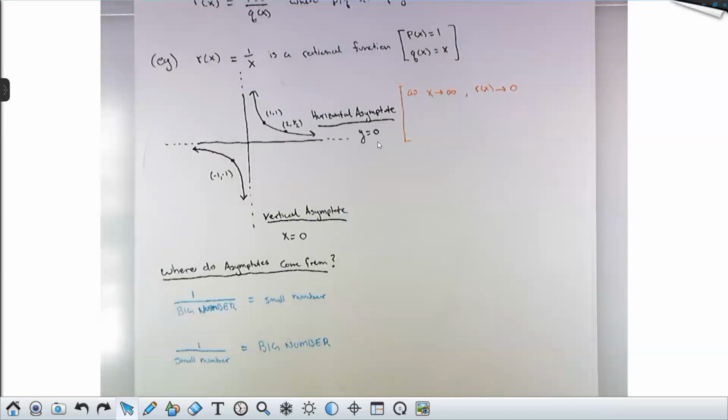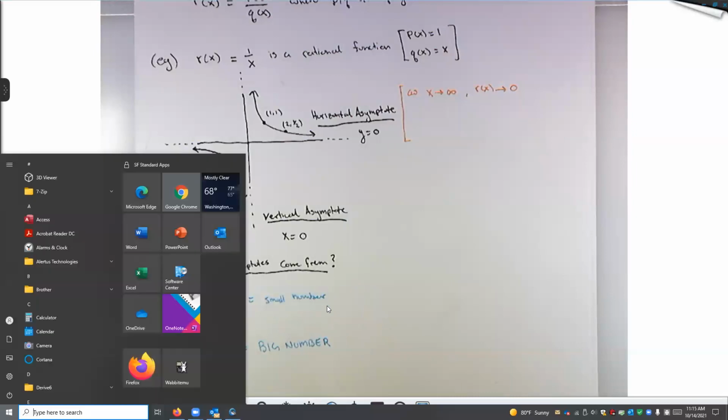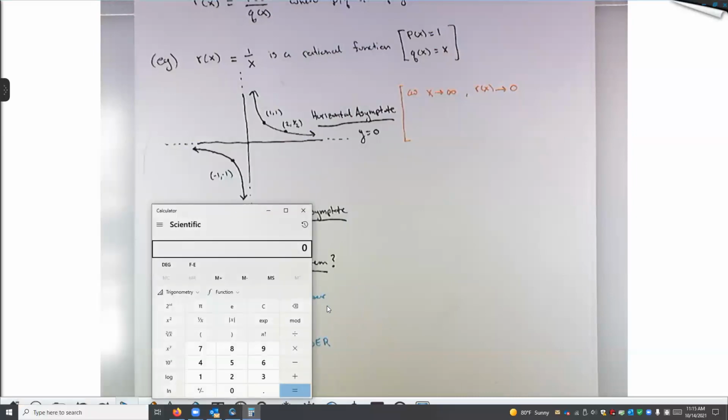When I say big number, I mean like 10 million or something. 1 divided by 10 million is going to be very small, very, very close to 0. We can do some numerical examples if you like. Obviously, 1 divided by 10 is 0.1. 1 divided by 100 is 0.01. 1 divided by 1000 is 0.001.